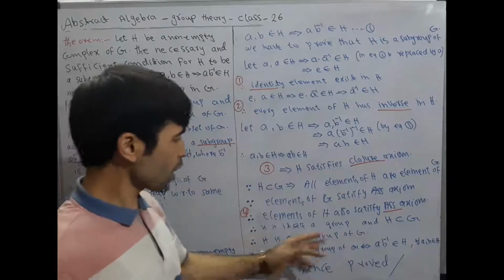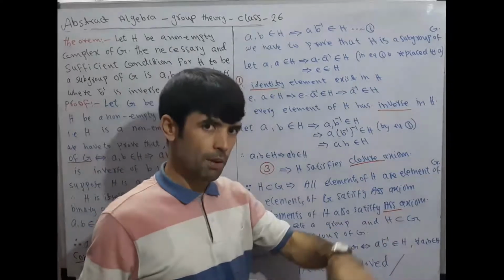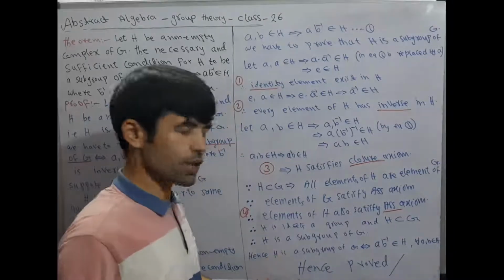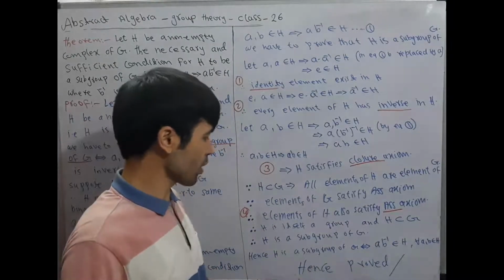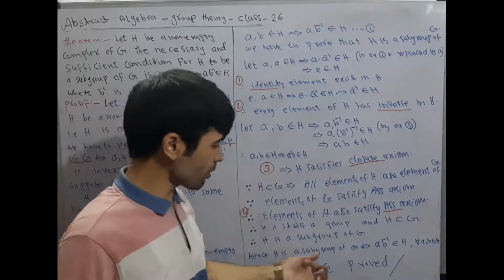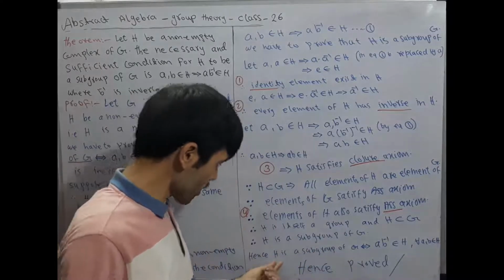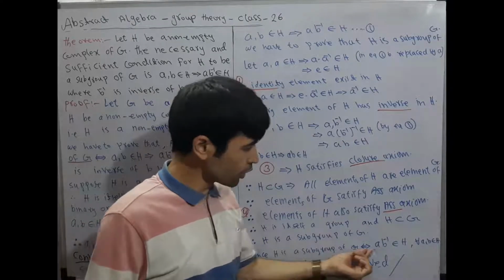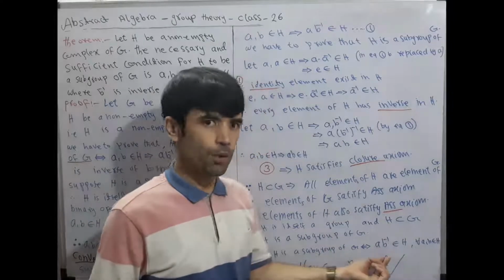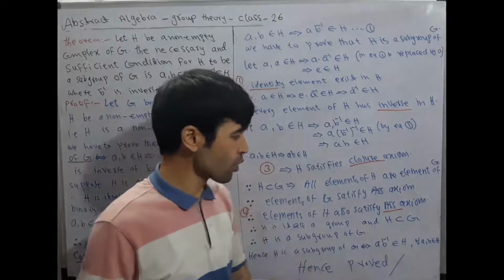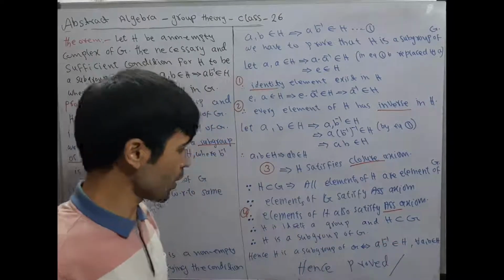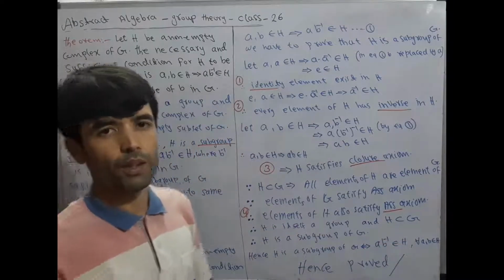Therefore H is itself a group and H is a subset of G, therefore H is a subgroup of G. Hence H is a subgroup of G if and only if a into b inverse also belongs to H for all a, b belongs to H. Hence proved. Thank you.